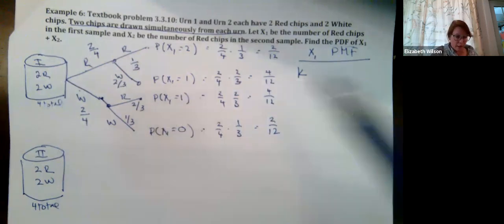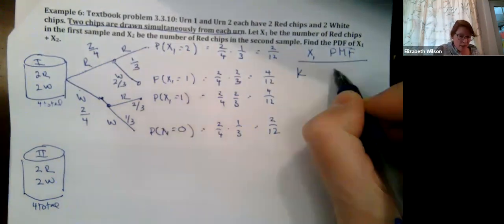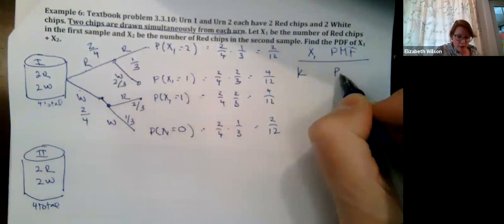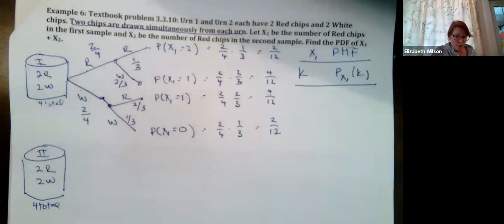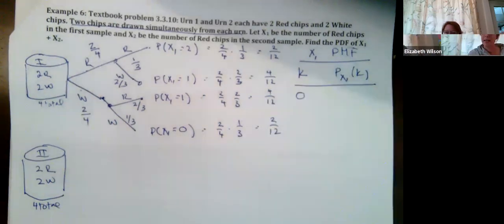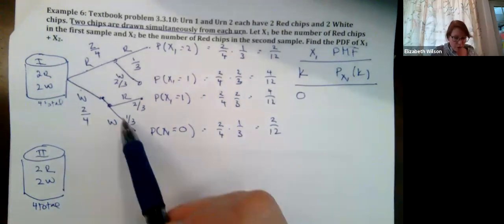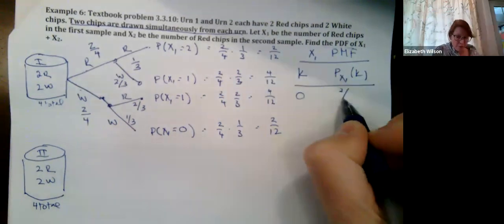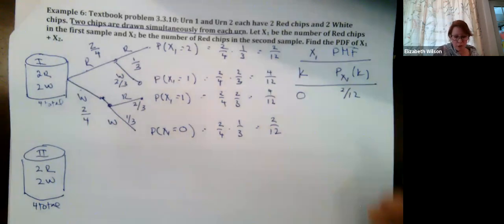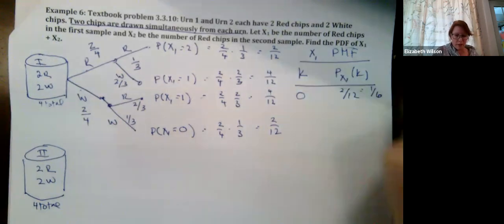Then the probability that x1 is equal to that k value. My first k value is 0. I could have 0 red chips coming out. That only happens along this path, and that probability is 2/12, which I'll simplify to 1/6.